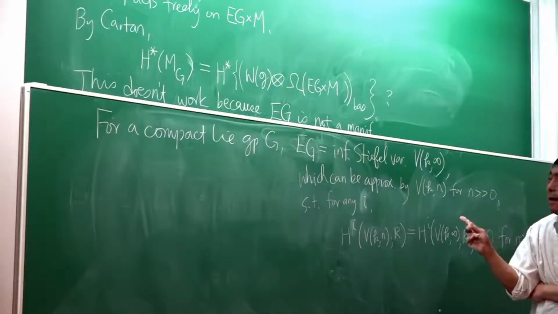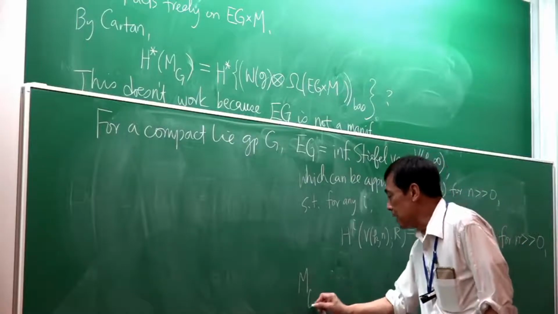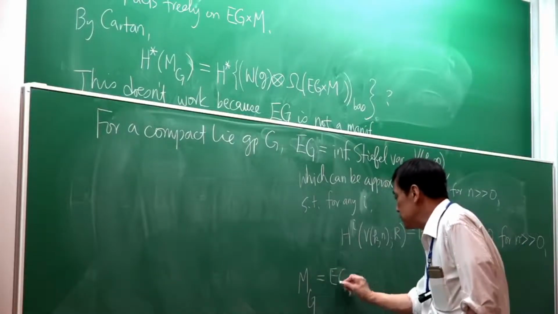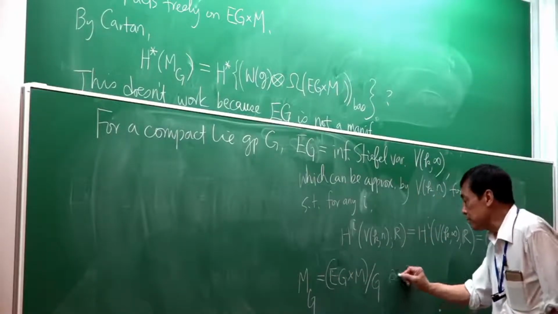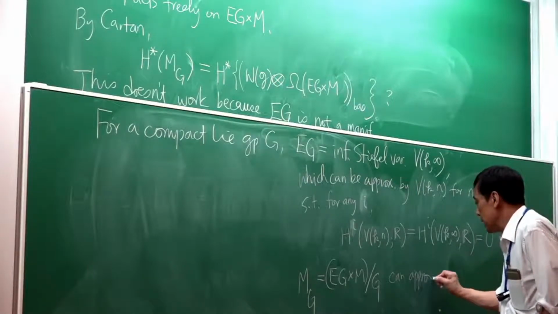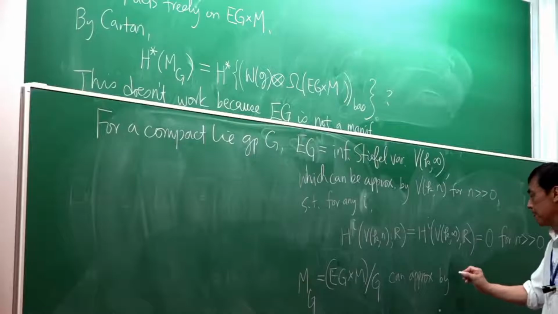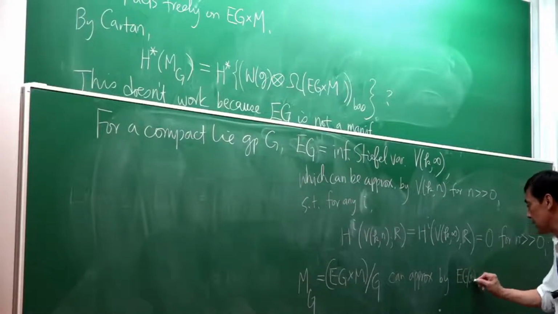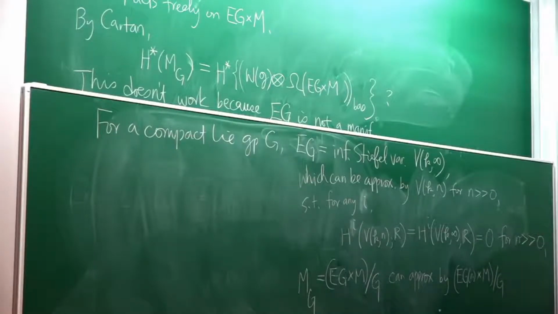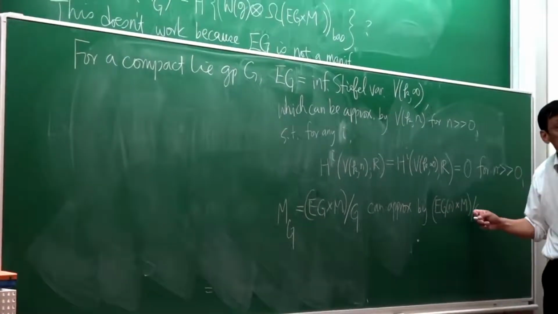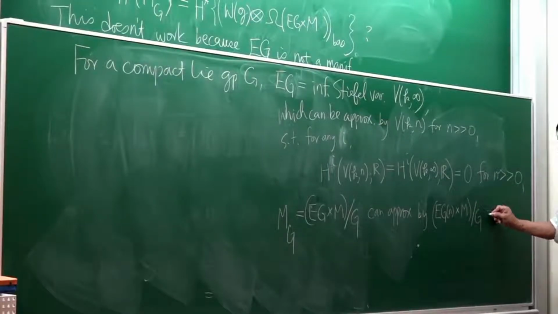And then M_G is EG cross M over G, so this can be approximated by EG_n cross M over G. And because G is a compact Lie group which acts freely on this manifold, the quotient is a manifold. So this is M_G,n. That's the definition of M_G,n.